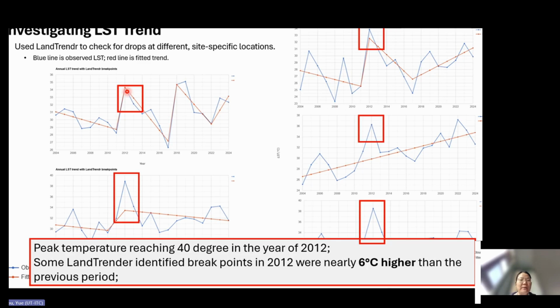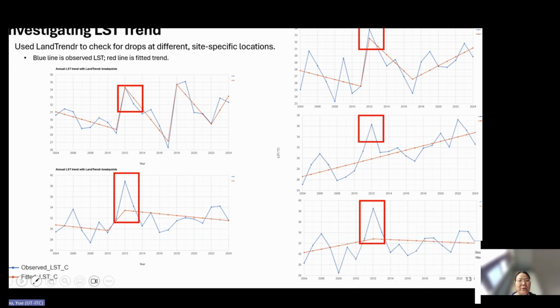Of course, because LandTrendr identifies trends, sometimes it's smoothed out, but in 2012 most times it's identified as a breakpoint, as a change point. And I show you some other years, so you see what I mean.